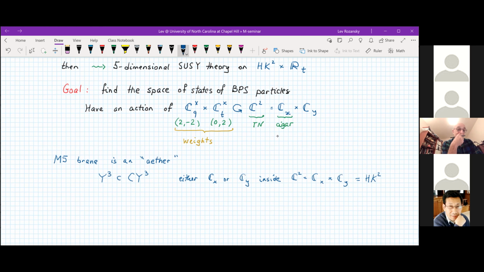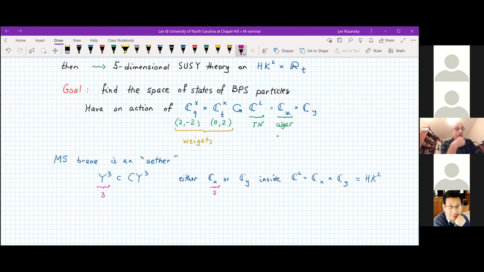Because Cx or Cy, they are 2-dimensional. Yes, so you get, just a moment, you get 5. So this is real dimension 3. This or that is real dimension 2. And you also have RT, everything spans RT, and this gives you 6.